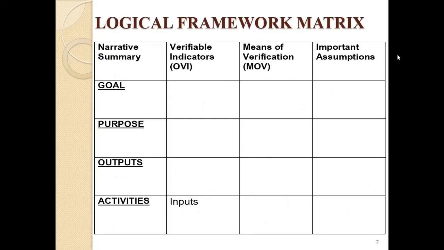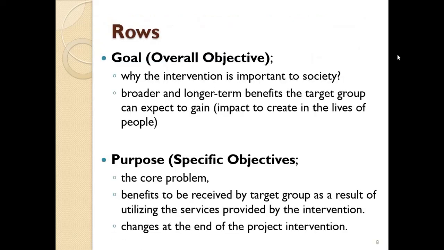On the rows, you see you have goals, and a goal is the overall objective, and therefore explains why the intervention is important, but also shows the longer term benefits, and in this case we can term it as impact.